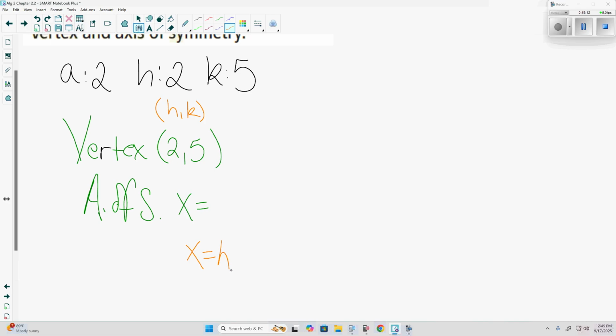Now the axis of symmetry, A of S, is x equals h. And our value of h is 2. Okay. So here x is equal to 2.